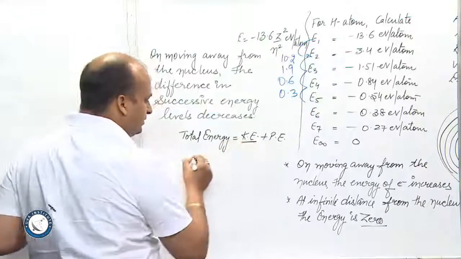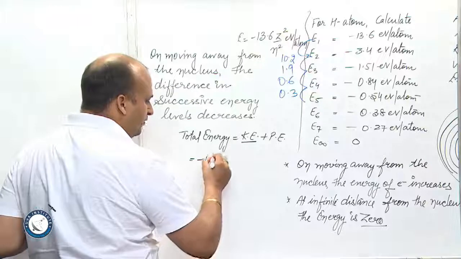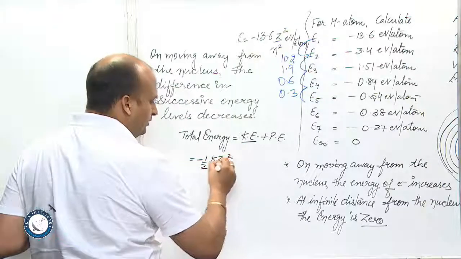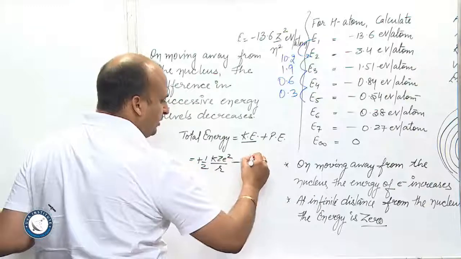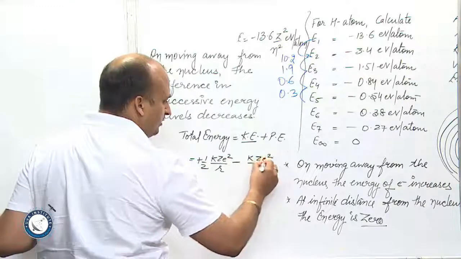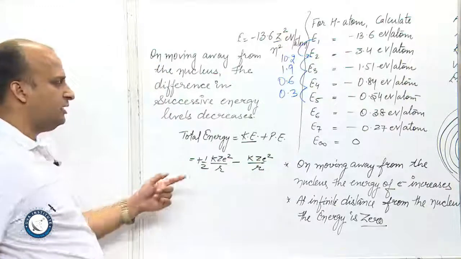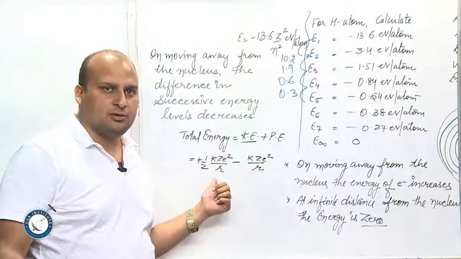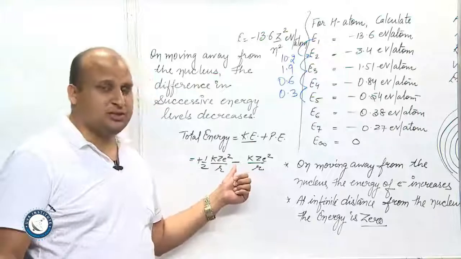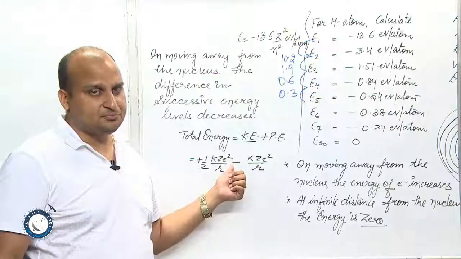The kinetic energy is given by the formula plus half kZe square by r, and potential energy is given by minus kZe square by r. So if you see, the potential energy is 2 times the kinetic energy, and potential energy has a negative sign.